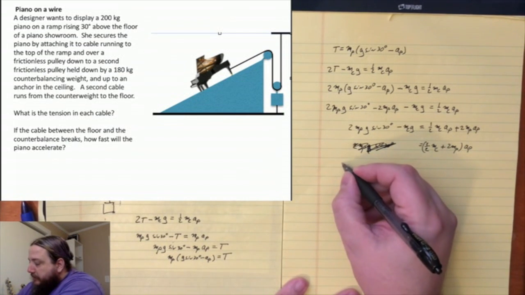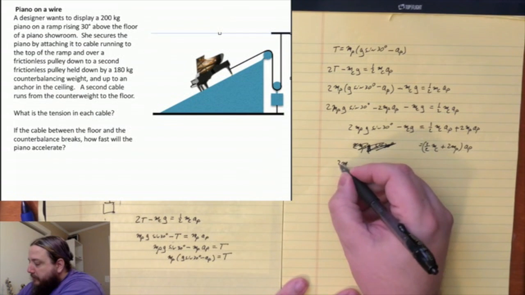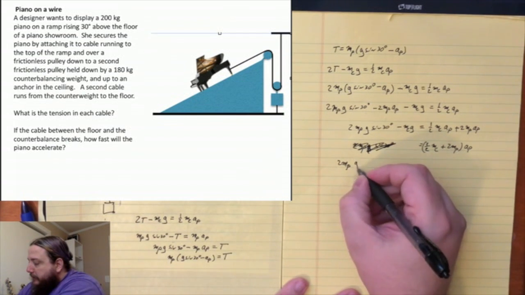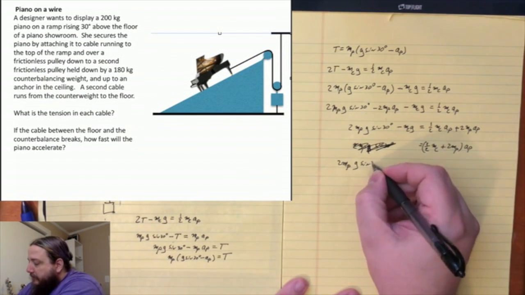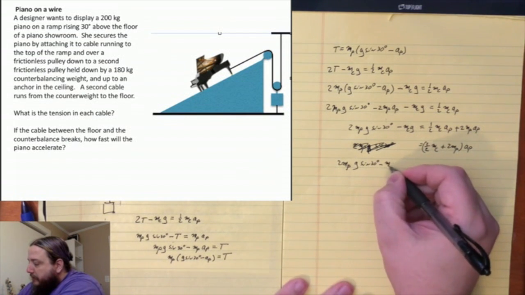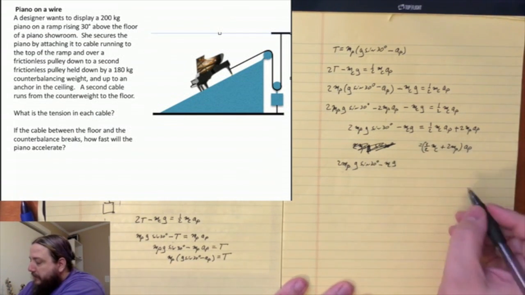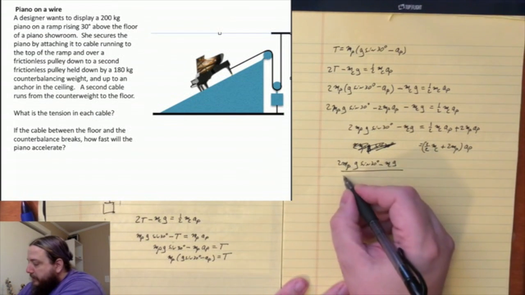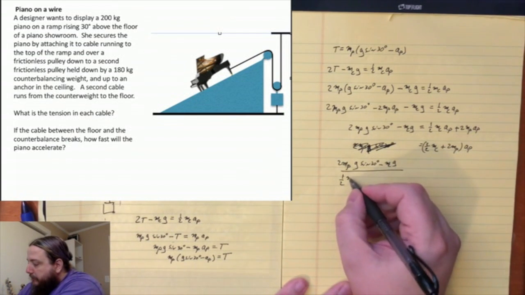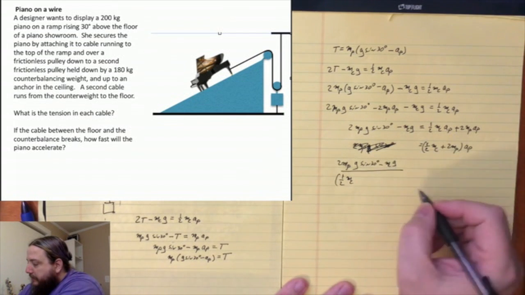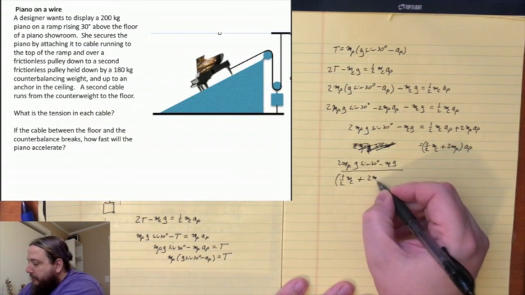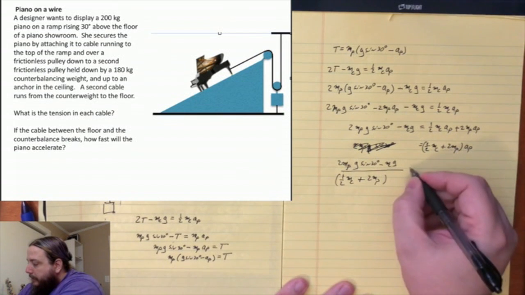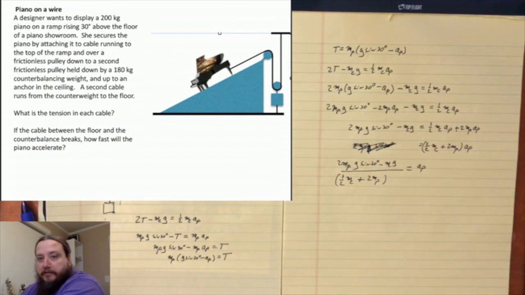So this is twice the mass of the piano times gravity sine of 30 degrees minus mass of the counterweight times gravity, divided by 1/2 mass of the counterweight plus twice the mass of the piano, equals the acceleration of the piano. All right, this is admittedly ugly, but this is actually a fairly complicated problem.